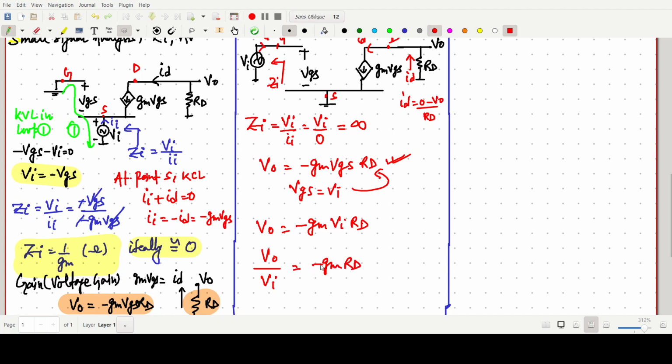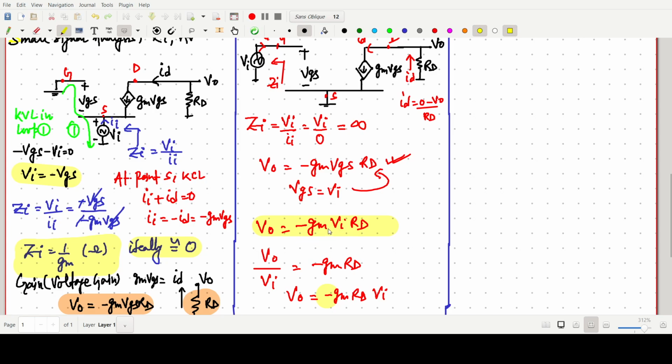So here there is a negative term. V naught is minus gm RD times Vi. Because of this minus sign, the output is in opposite phase of the input.